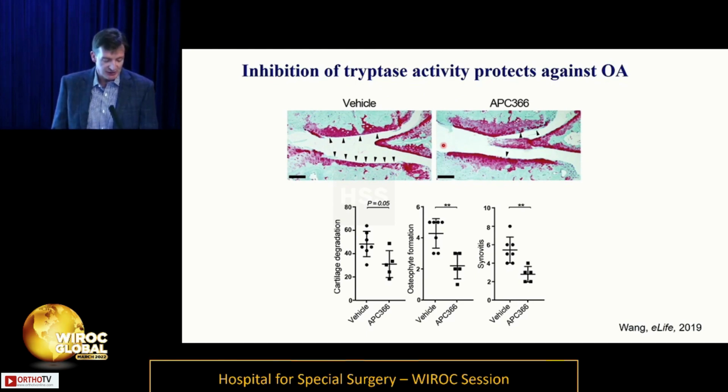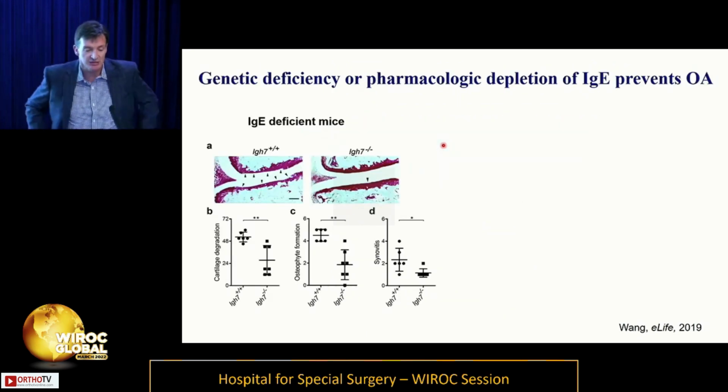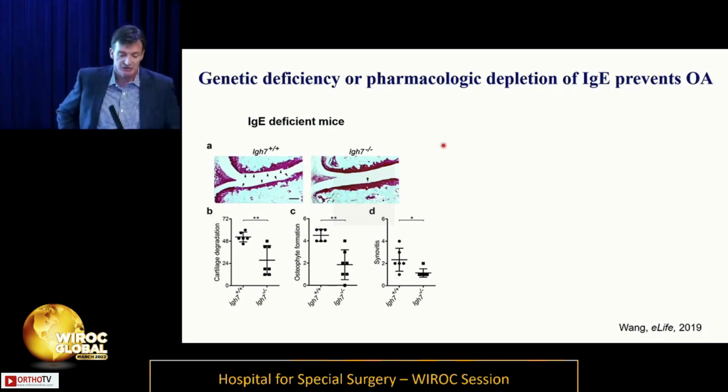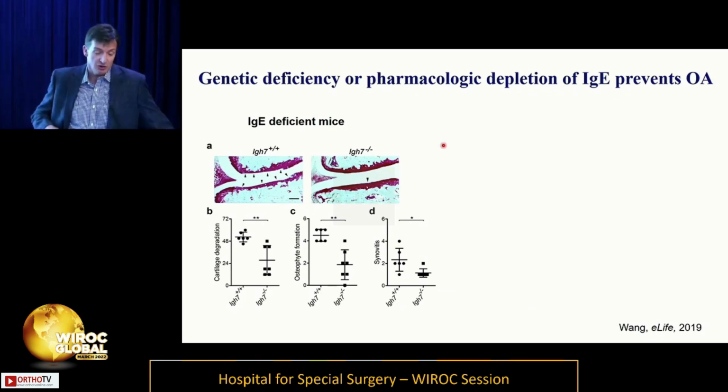The first thing we did was we took the IgE deficient mouse, and we thought there was no way that IgE would be involved in OA, but to our surprise, IgE deficient mice are protected against the development of OA. So here's the mouse with wild-type IgE, more cartilage degeneration, and it's generally protected in the IgE deficient knockout mouse.